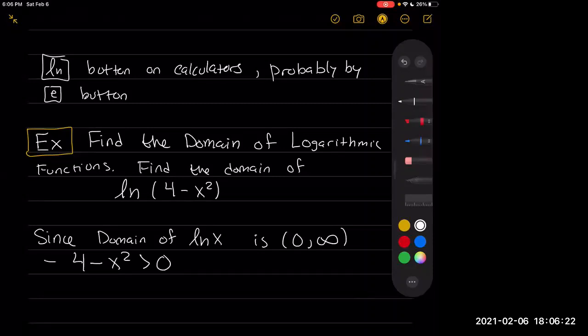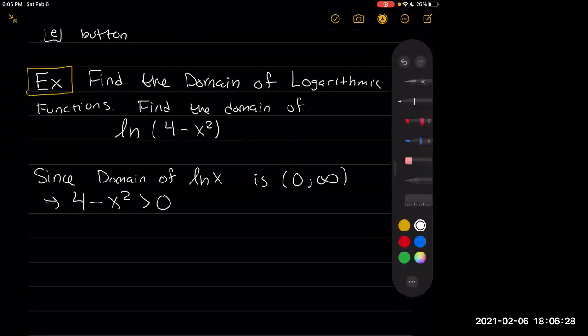This implies... So now we're going to look at what values of x will fall in this category. I'm going to define something y'all should have seen in 116, but I'm going to talk through it as we do it just in case. So we're going to have the set of x such that x squared is less than 4. I'm going to denote what every part of this means. The curly bracket means it's a set of, so set of x.